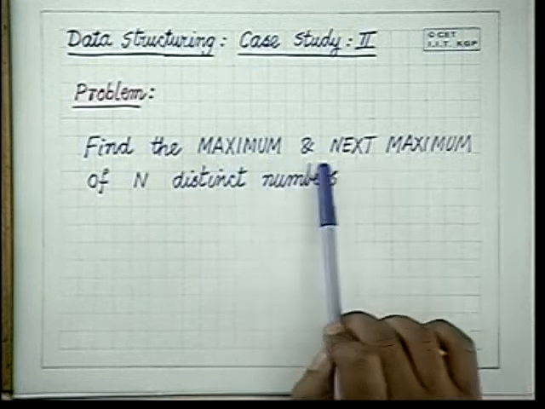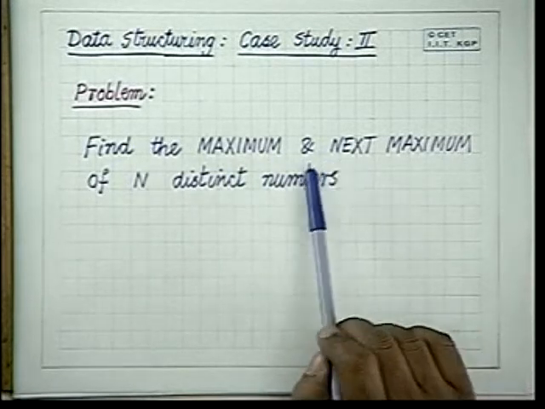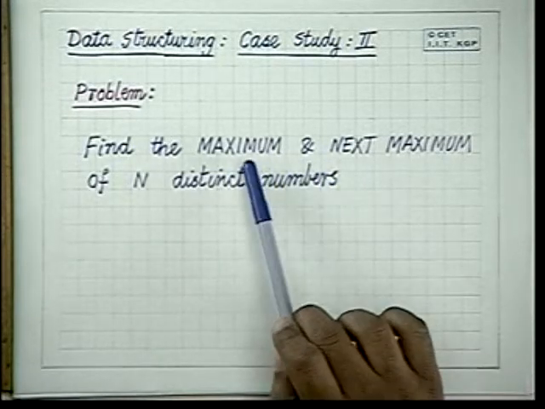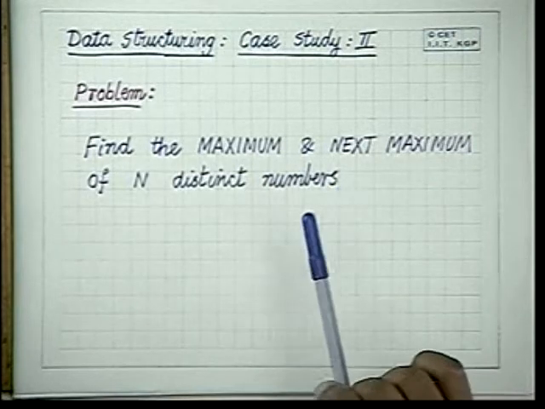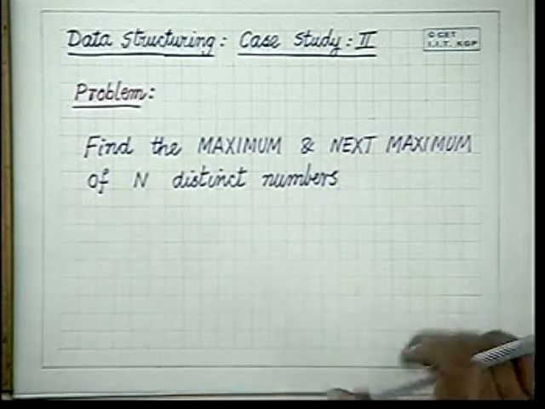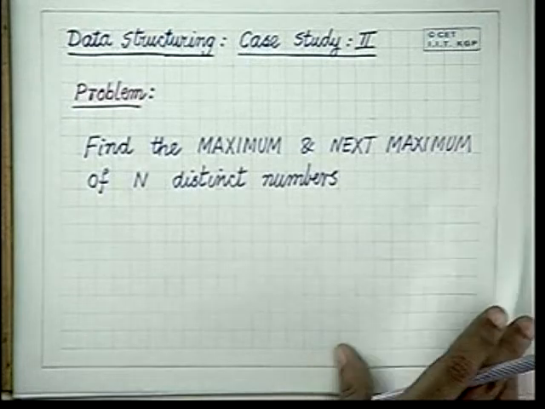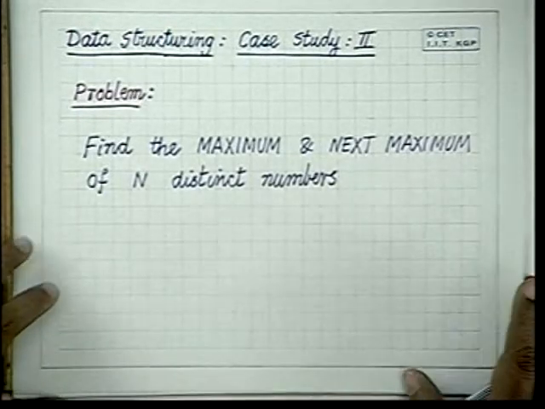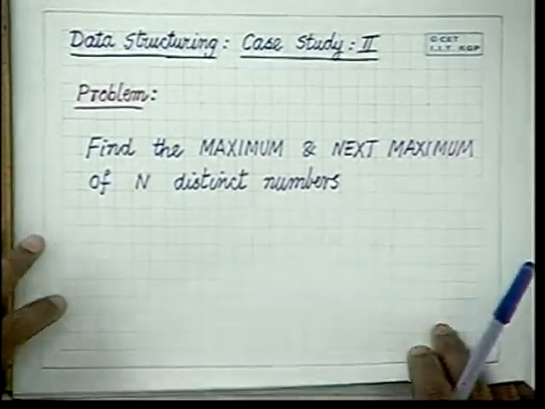So like the maximum and the minimum, we will go through the mechanism of finding out the largest and the second largest by modifying the program for finding out the largest of n numbers. And let us see what we will achieve if we do it that way.